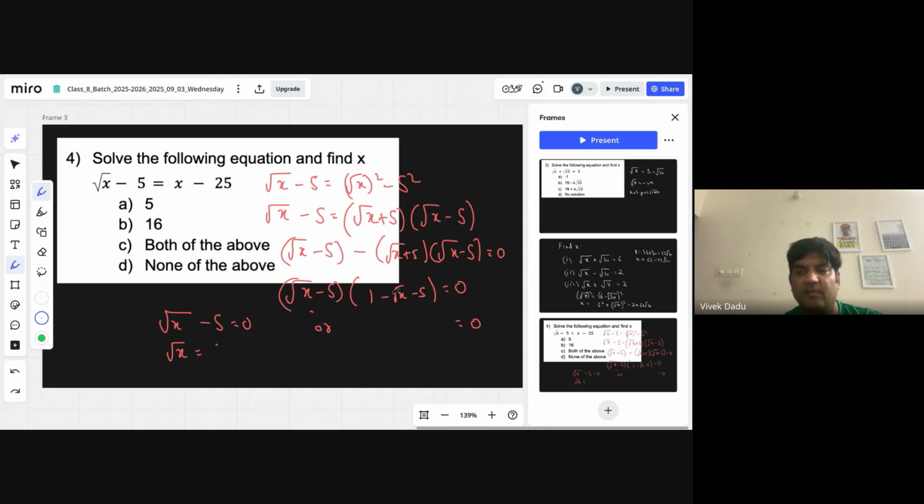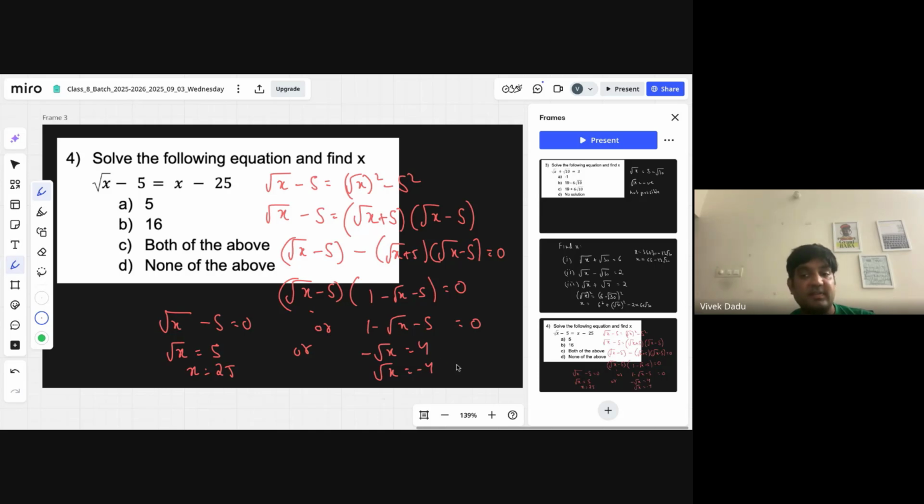So when this bracket opens, you get root x minus 5 equal to 0, or 1 minus root x minus 5 equal to 0. So this gives root x equal to 5, x is equal to 25, right? Or this gives minus root x is equal to 4, or root x is equal to minus 4.